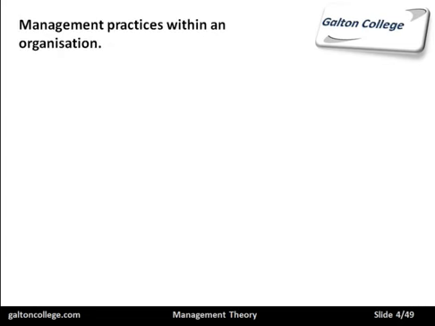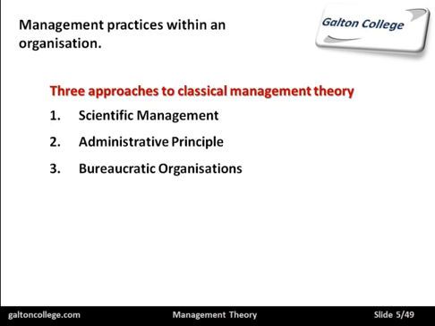So we will look at management practices within an organization. And the three approaches to classical management are scientific management, the administrative principle, and bureaucratic organizations. So this classical view can be viewed with three components, three aspects to it.